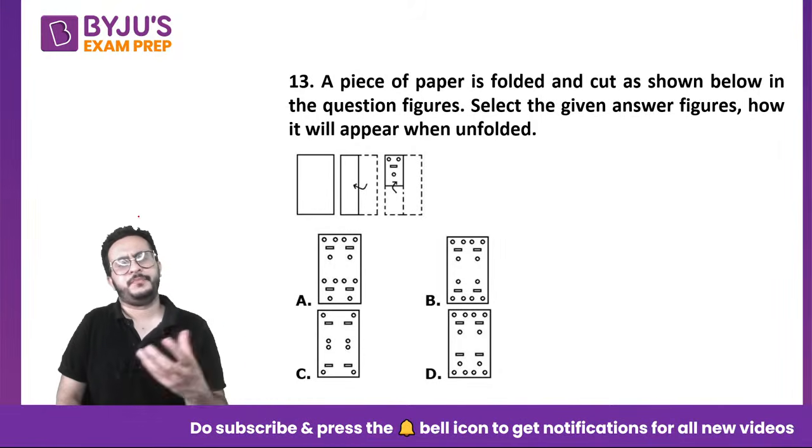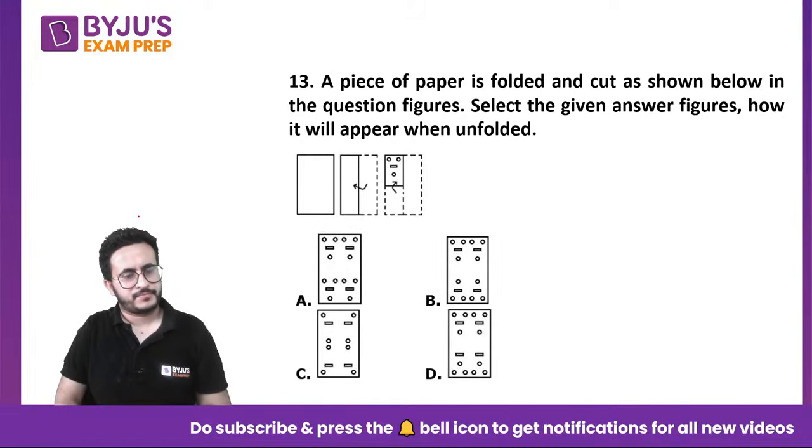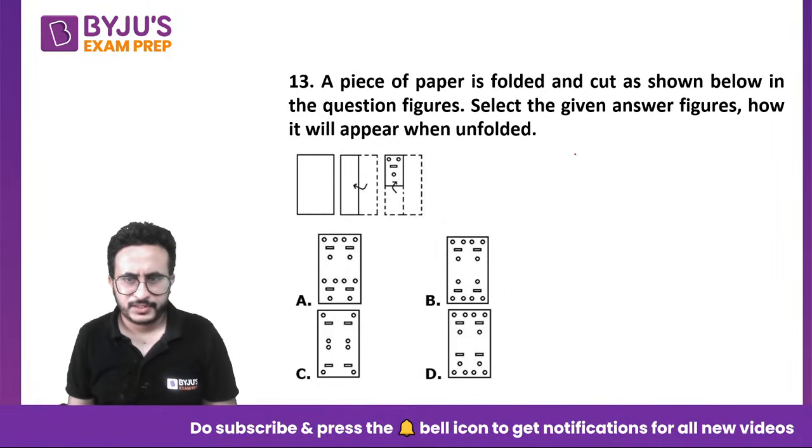So just remember the principles of mirror and water images. If you have a water image, up goes down and down goes up, right? And in a mirror image, left becomes right and vice versa. So if we open this one, if you make this part, we will have two circles, the bar and the circle.